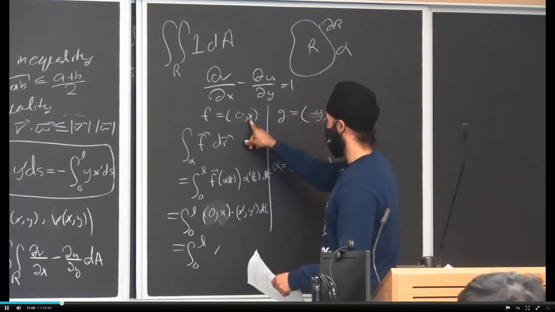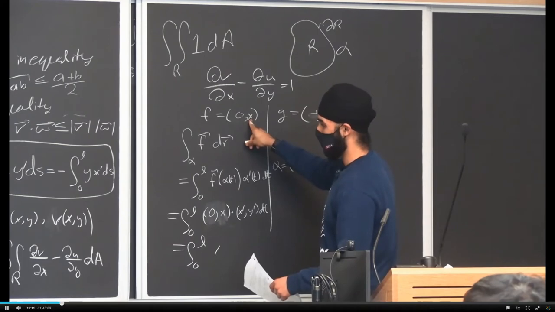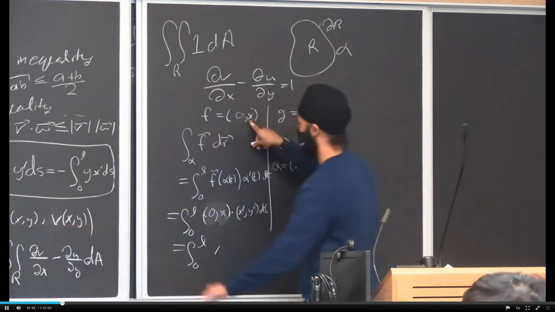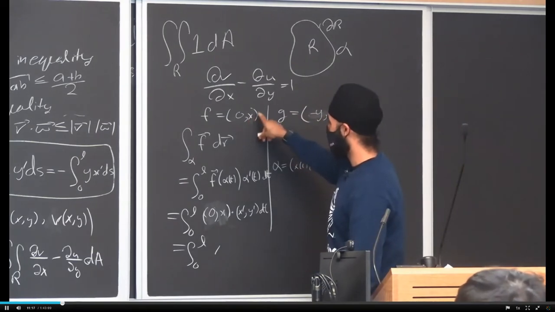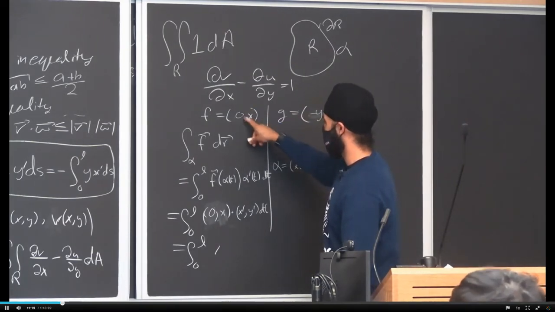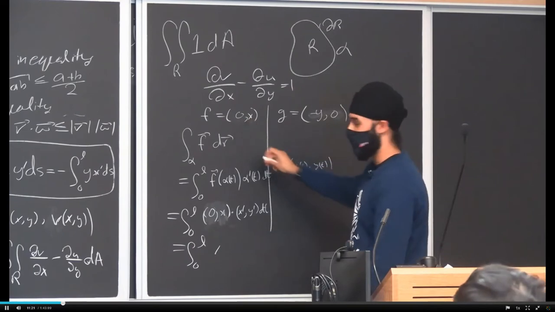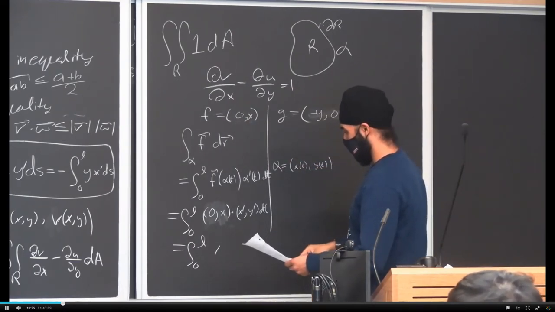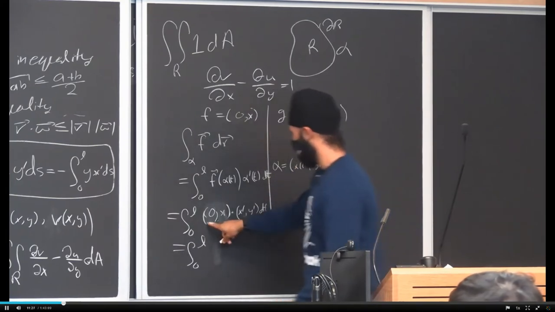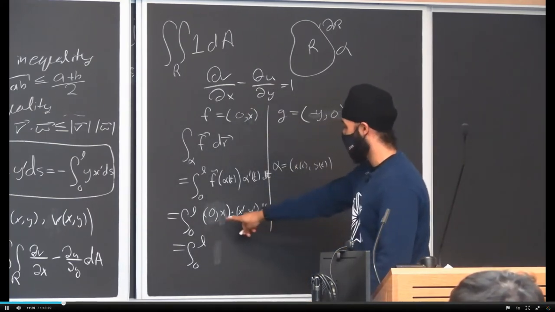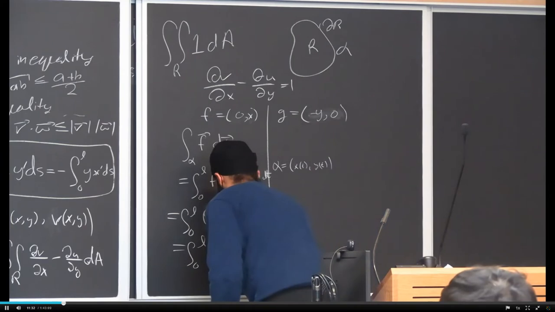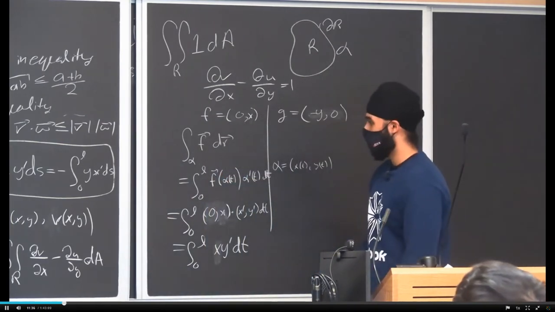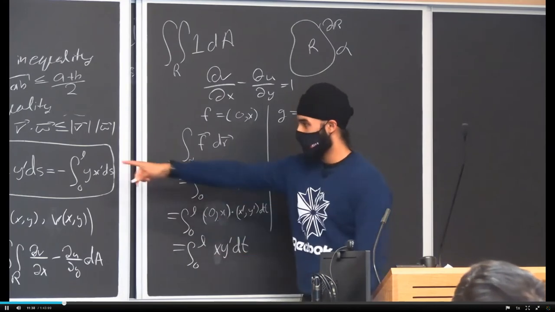The x goes here because this is our v over here. So this is x. When you take the derivative, we take the derivative of the y component with respect to x. So this is why this had to be the y, not the x. That's my bad. Anyway, that's why this happens. From this step, if you take the dot product, you're going to get x y prime dt for the formula of the area. So this is equal to that.